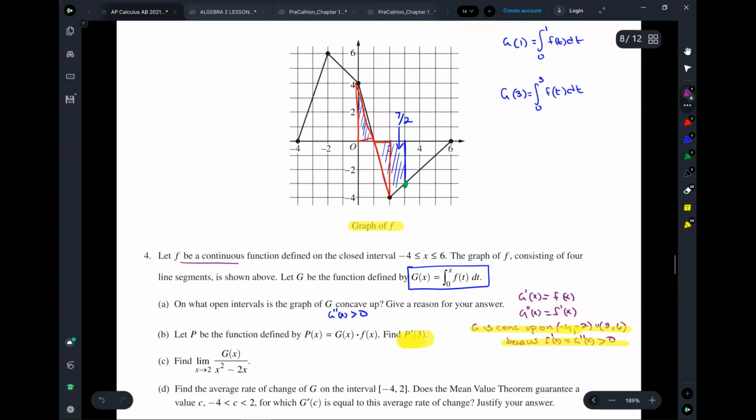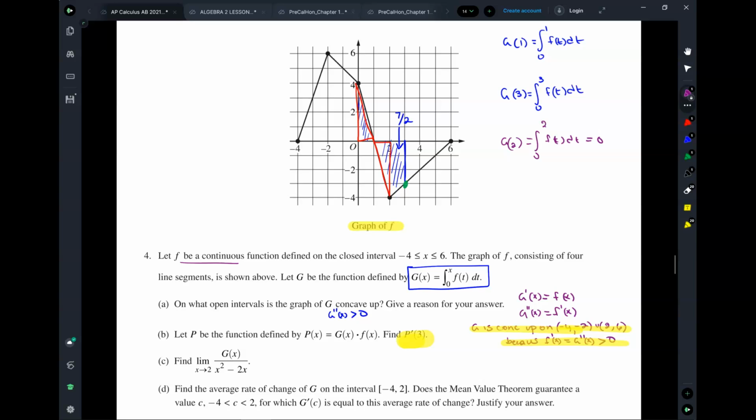What's g of 2? It's 0, right? Because that's the area that cancels out. Then let's plug 2 into the denominator. What do you get? 0 over 0. Oh my God, what do we do when we have to find a limit?